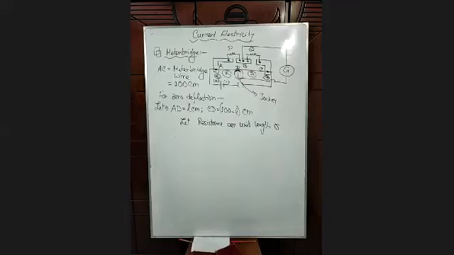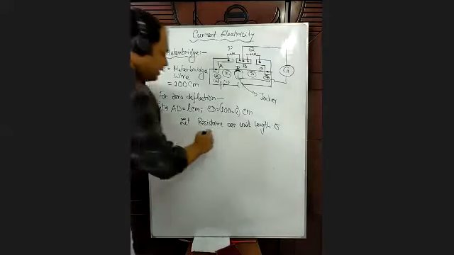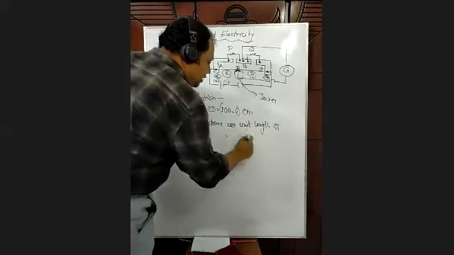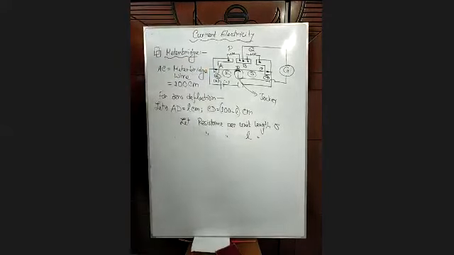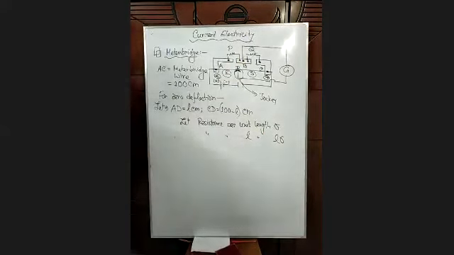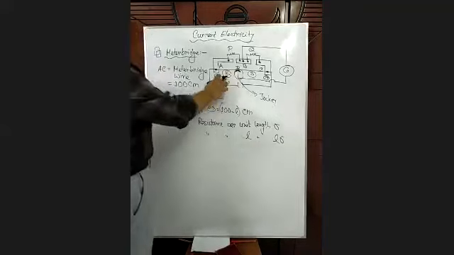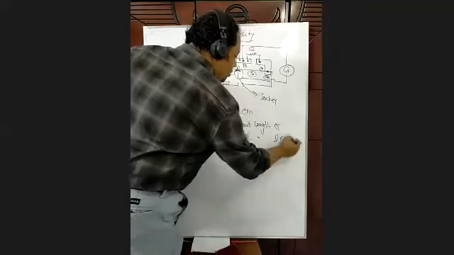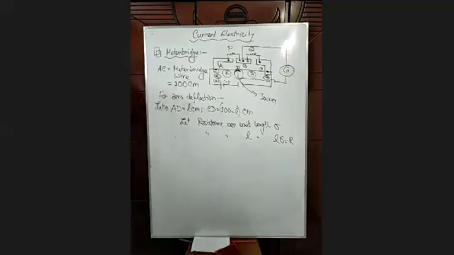So if the resistance per unit length is sigma, then for L length, it is L sigma. So L sigma is the resistance of L length, and that resistance is R. In such a way, we can convert a length into a resistance by multiplying it by the resistance per unit length.